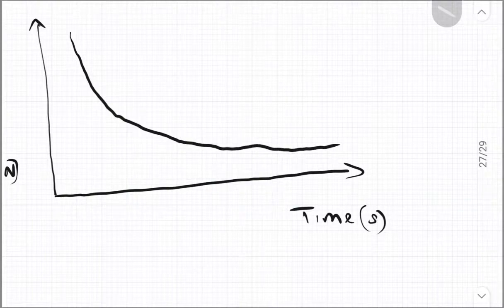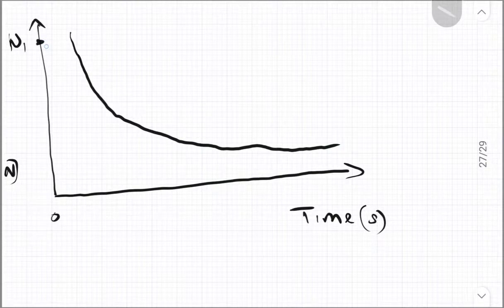Okay, so at time equal to 0, you might start with some amount of atom, which might be here. Let's call it the original amount of atom, which is N1.